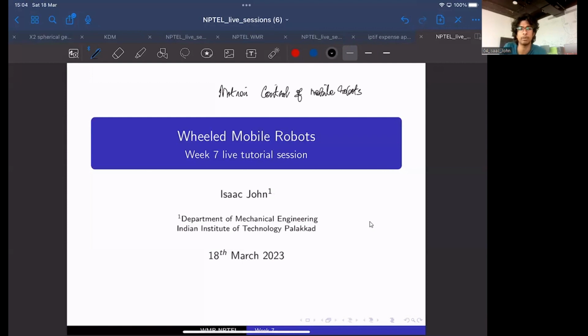We have also seen an example of a backstepping or cascaded control aspect. With that, we'll go forward with solving tutorial questions regarding motion control of mobile robots.